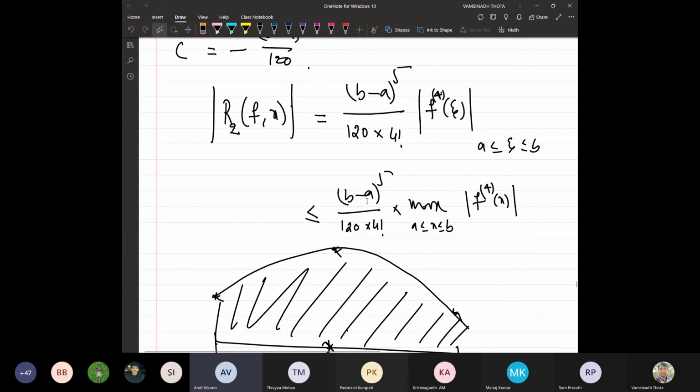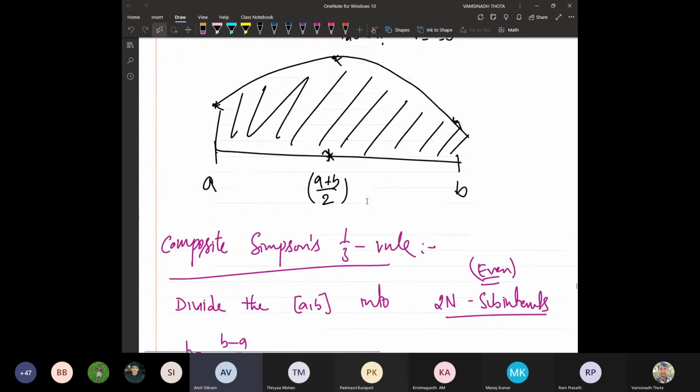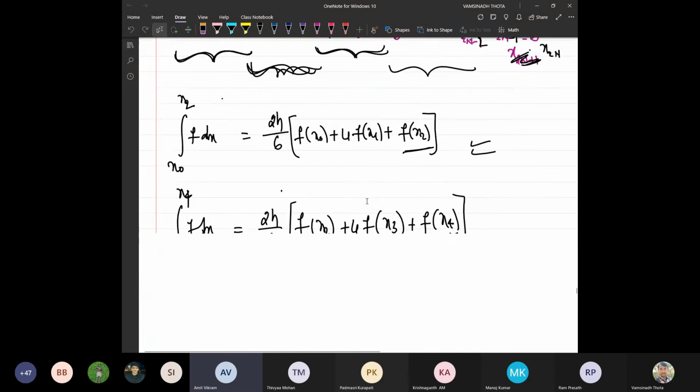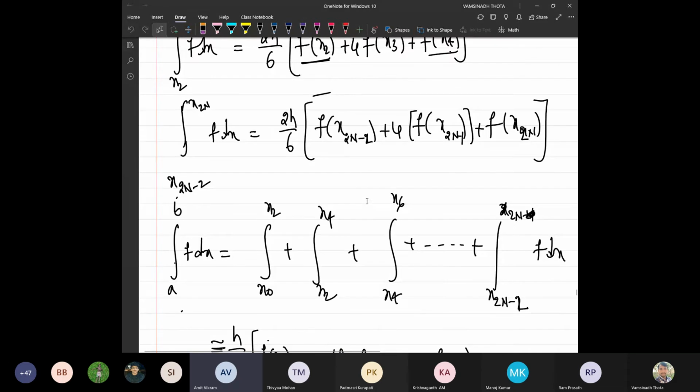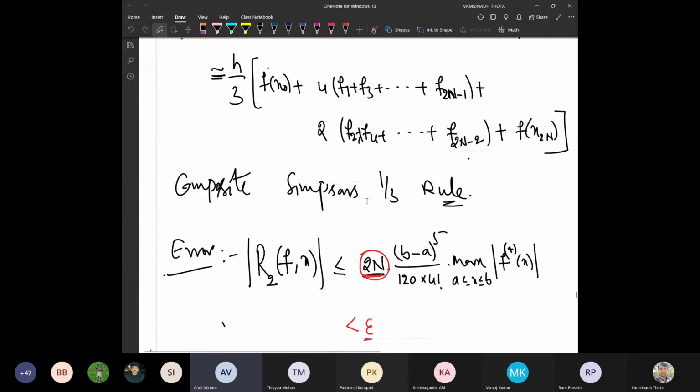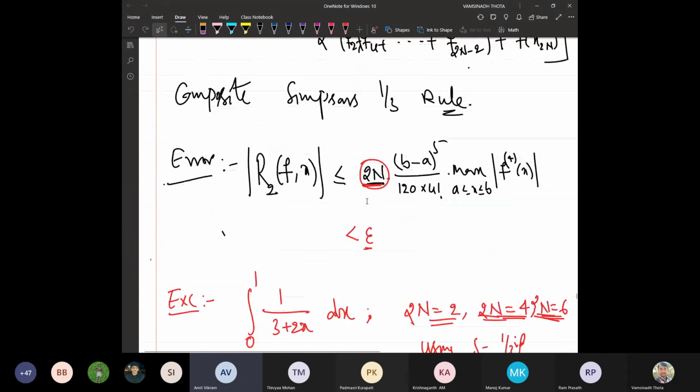Sir, can you scroll it more? Yes, sir, this one, the red circle. Sir, this 2n. No, it should be n only. Okay, sir, this should be n only.